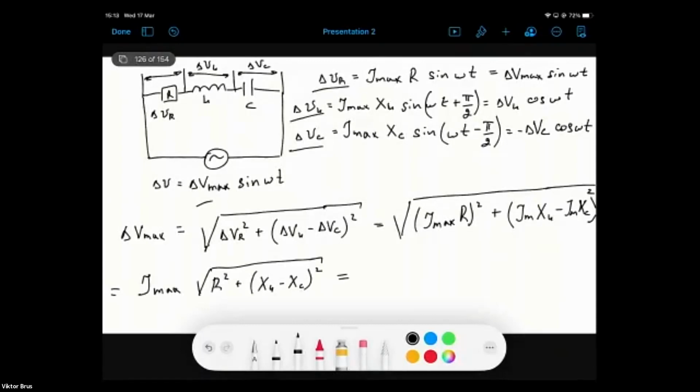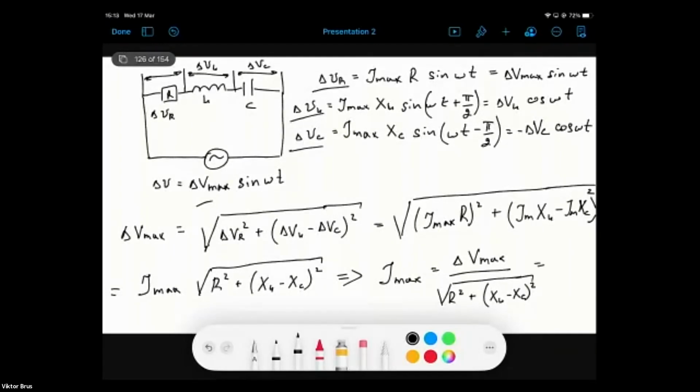From here, we can express maximum current, I maximum, as the ratio between maximum voltage divided by this square root of R square plus XL minus XC squared.